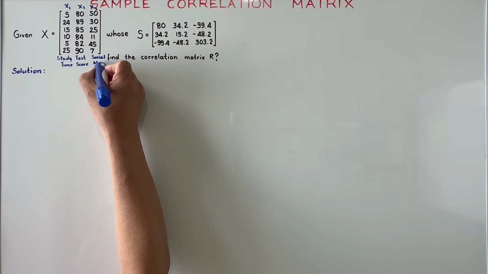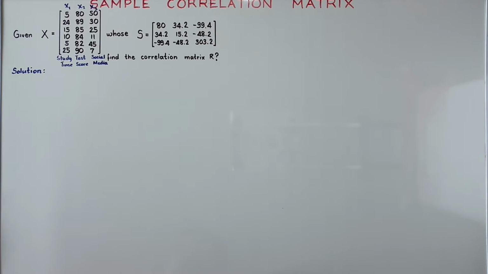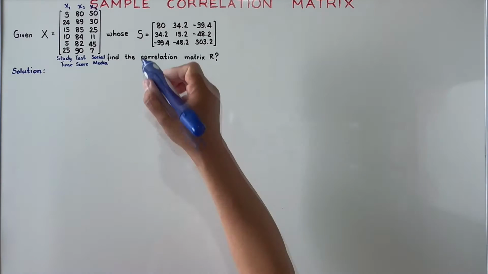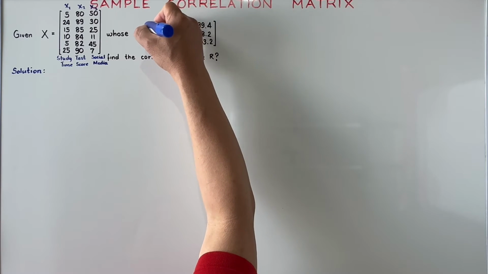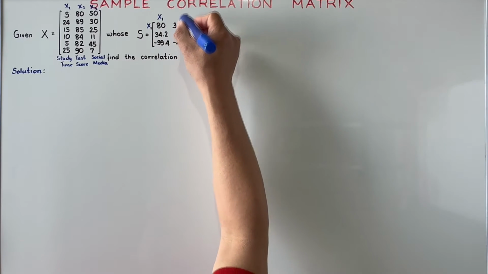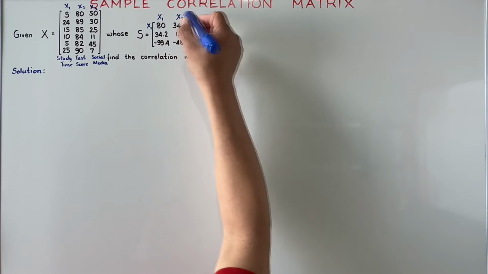Now, to compute the correlations of these variables, it is necessary to compute the covariances and variances of these variables. And we have computed this already in our previous video, wherein 80 is the variance of our first variable. But 34.2 is the covariance between the first variable and the second variable.